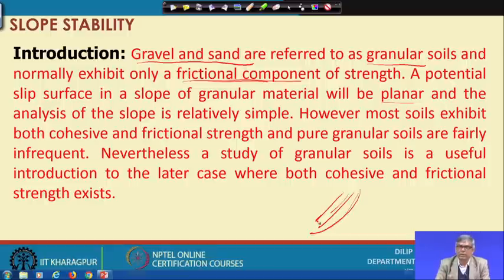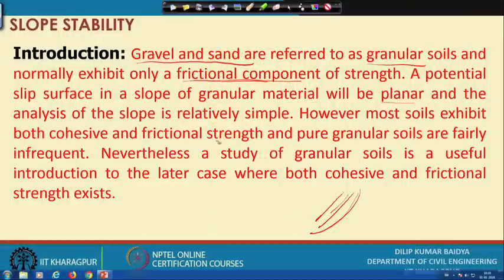However, most soil which is not granular, that is cohesive soil, will possess both a cohesion component and a friction component, and for that your failure plane will not be planar.